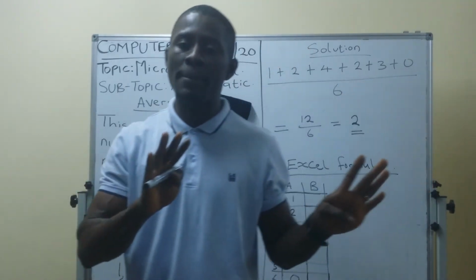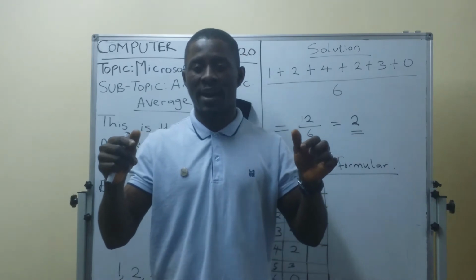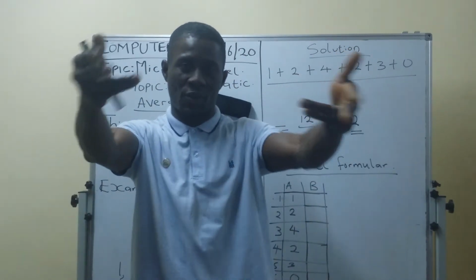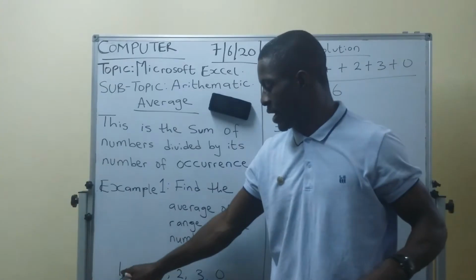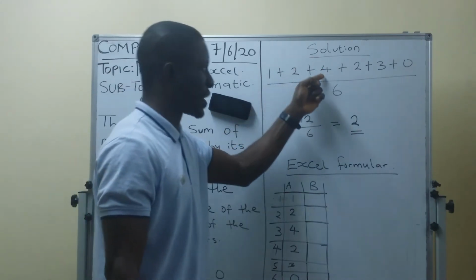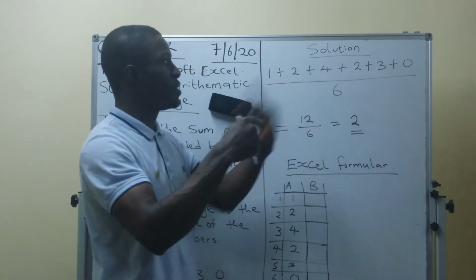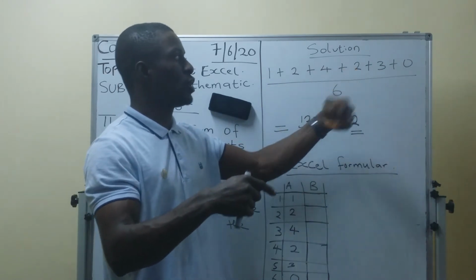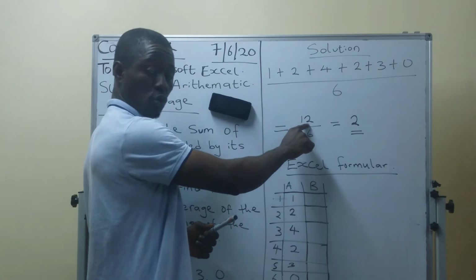You sum the numbers divided by its number of occurrence. I believe you can do this now before I proceed. It's very simple. So you add 1 plus 2 plus 4 plus 2 plus 3 plus 0. The answer is equal to 12.